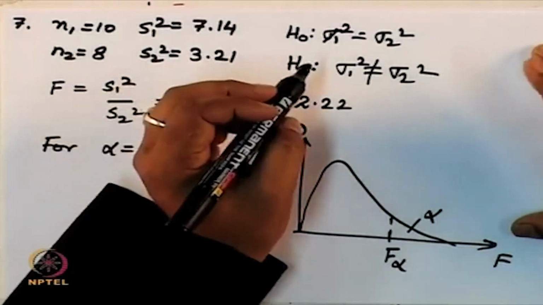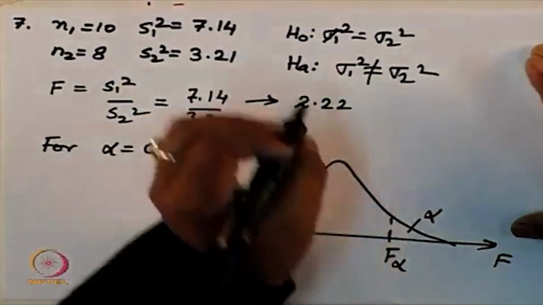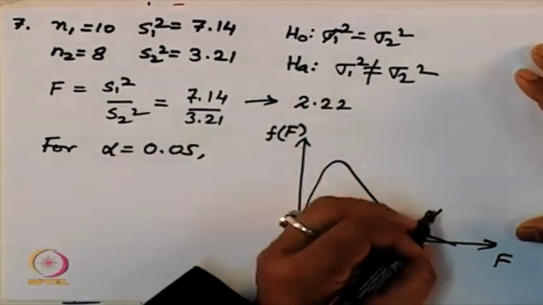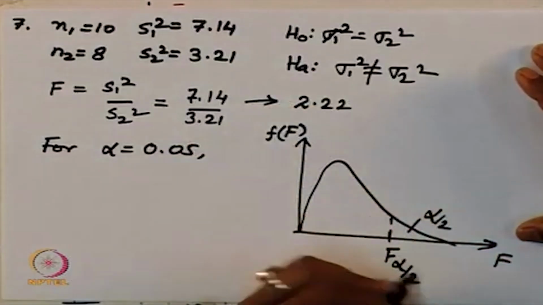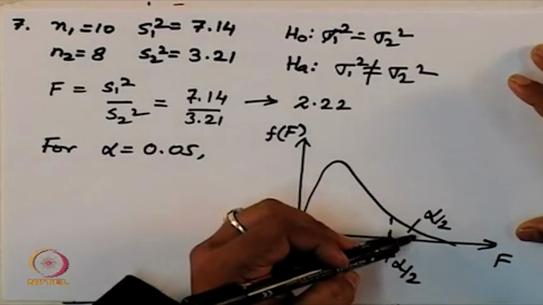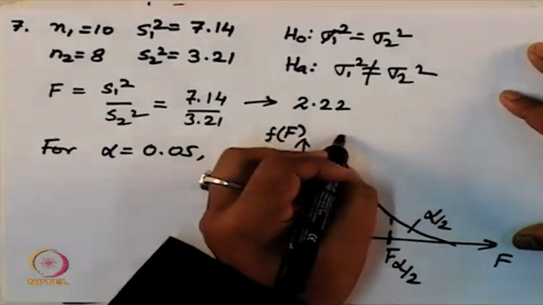So, I have two values. If my alternate hypothesis is sigma 1 square not equal to sigma 2 square, I want to find out the value of f of alpha by 2 corresponding to alpha by 2. So, this is for a two tail test.